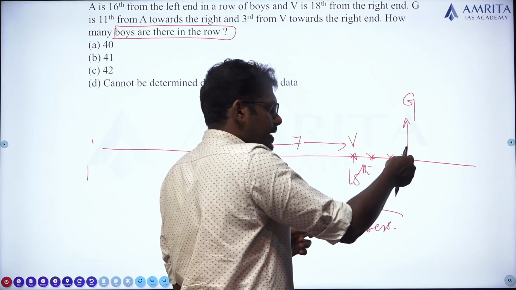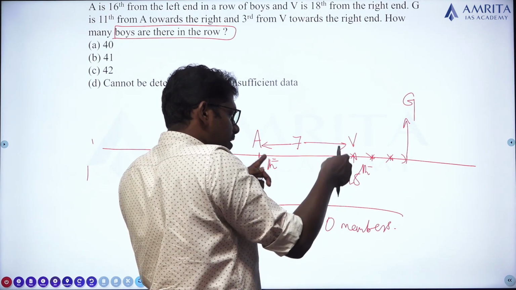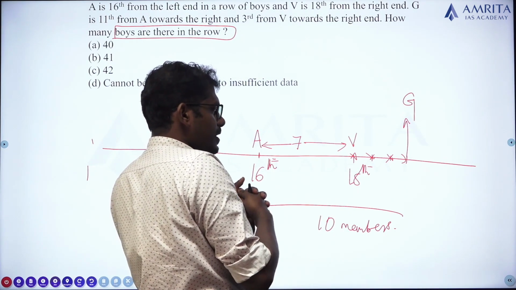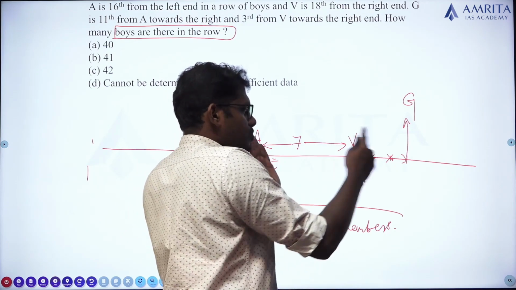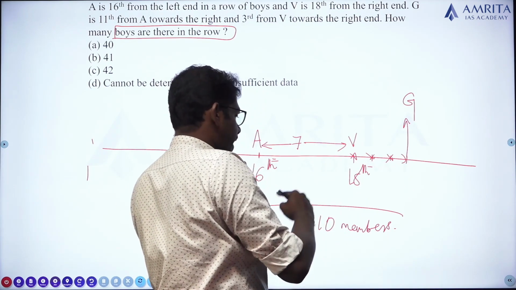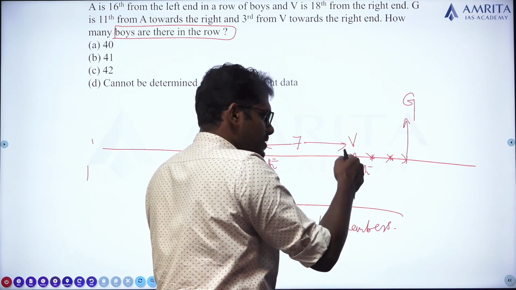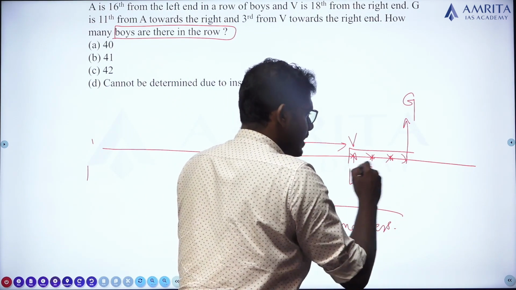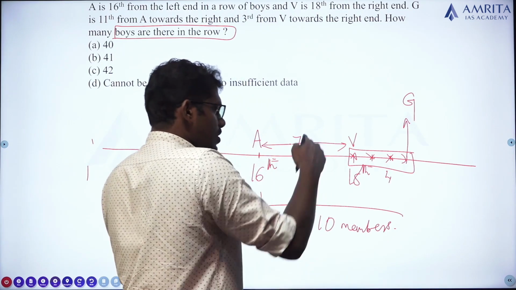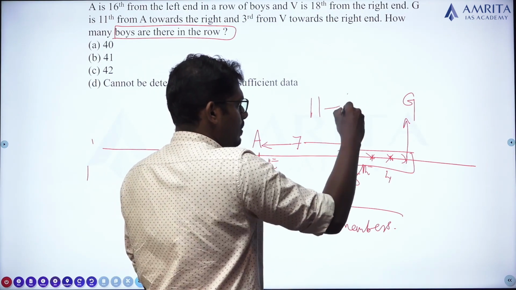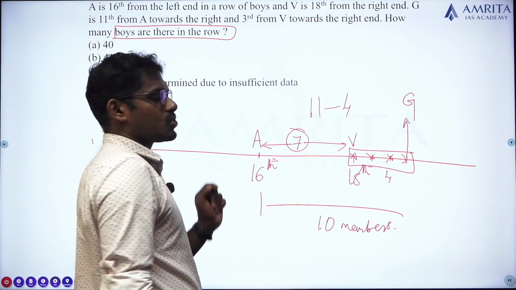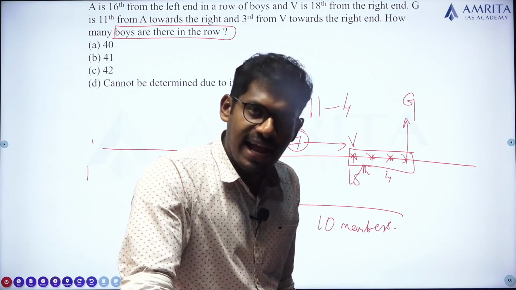So we have to find the number of boys in between A and V. There are 11 members to the right of A including G. So G, this person, and V together are 4 members. So 11 minus 4 is 7 members. So there will be 7 members in between A and V.